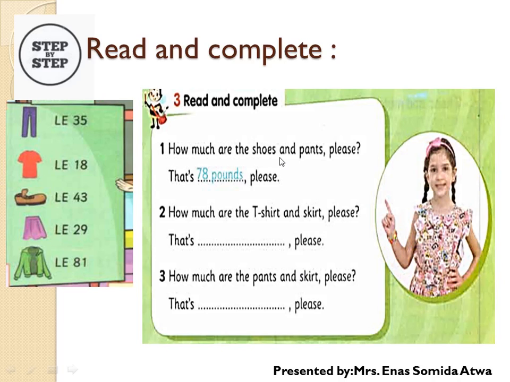How much are shoes and pants please؟ That's 78 pounds please. How much are the t-shirt and the skirt please؟ It will be 47 pounds. طيب بعد كده how much are the pants and the skirt please؟ That's 64 pounds. Okay?